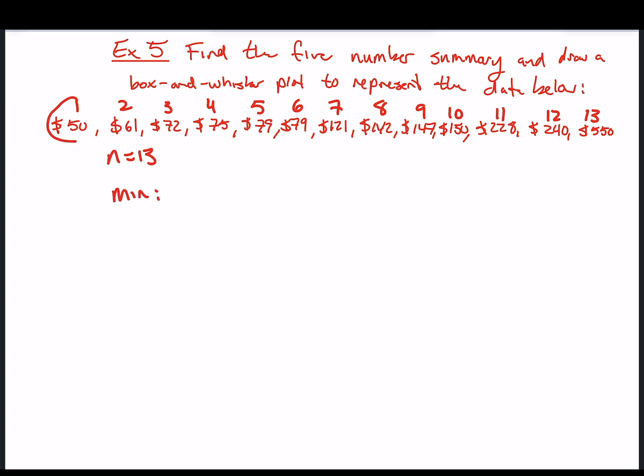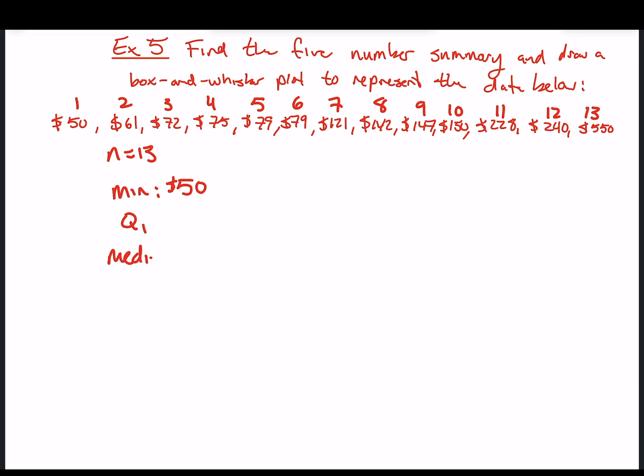Okay, so our minimum is our smallest value, which is 50. Q1, we'll just write median instead of Q2, Q3, and then max. The maximum is our largest value, which is 550.